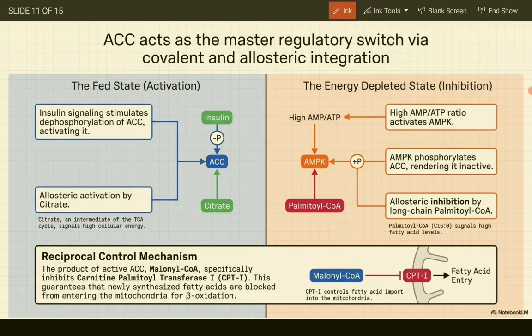So in order to stop that, malonyl-CoA, which is produced through ACC, uses acetyl-CoA and produces malonyl-CoA. So this malonyl-CoA is actually the product of ACC. This malonyl-CoA actually inhibits a protein called CPT1, which is carnitine palmitoyl transferase 1.